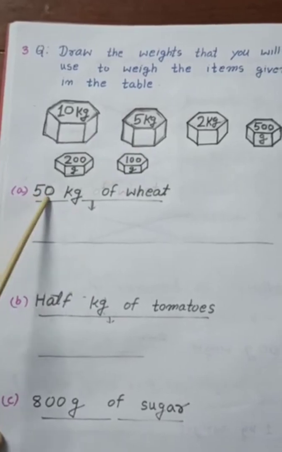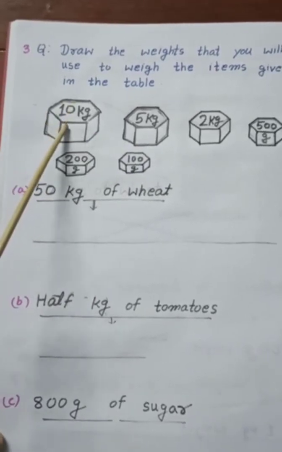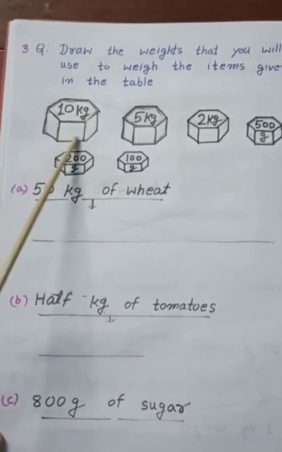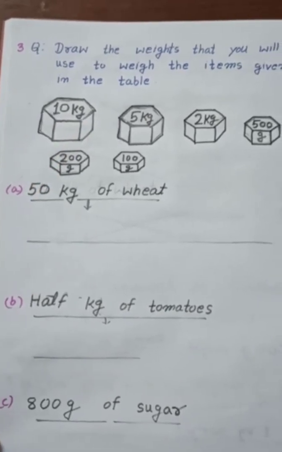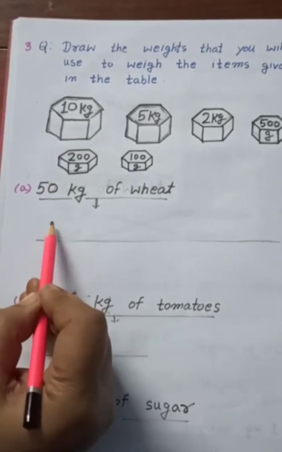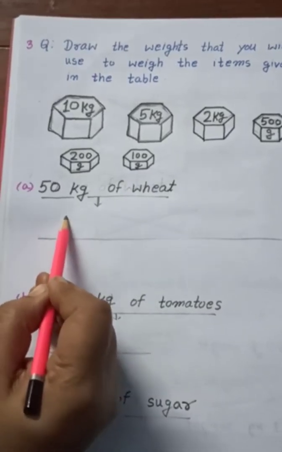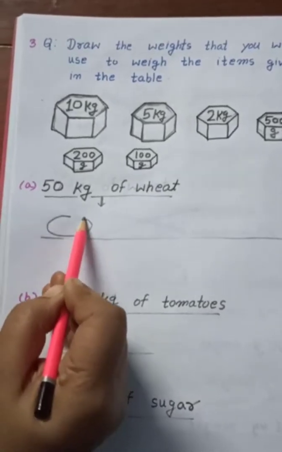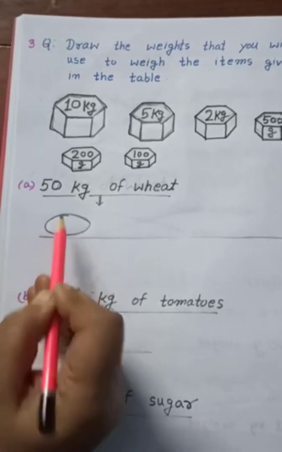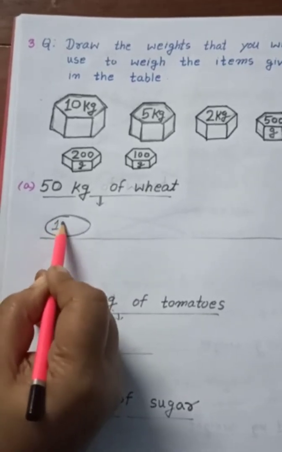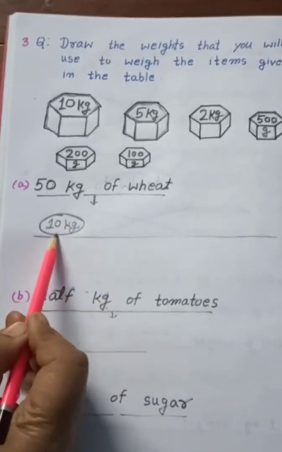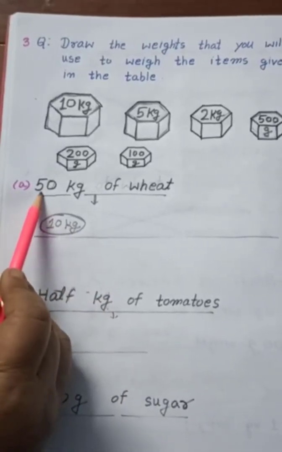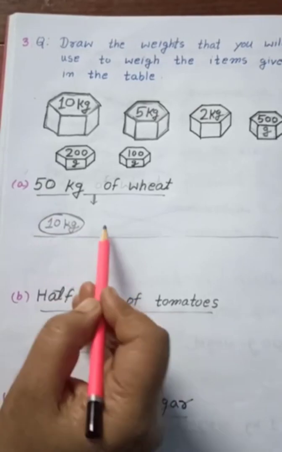So just think how many weights we can take to measure. So here is 50. Suppose I take one weight of 10 kg. Children, you can just circle to show the weight. No need to draw all these things. But here is only 10 and we have to make 50 kg. So we draw one more.